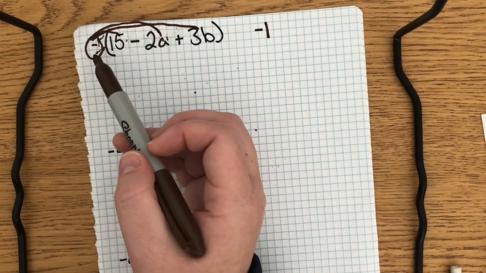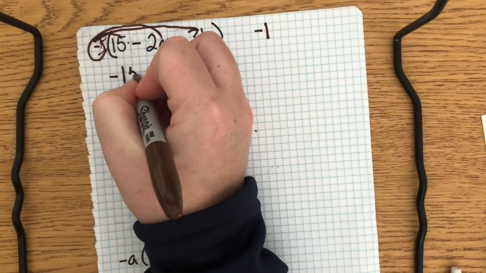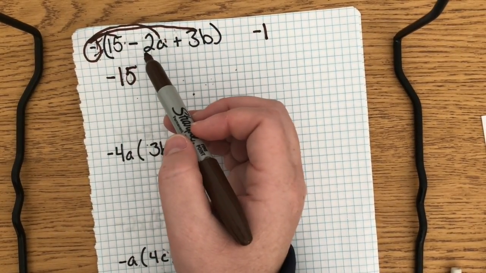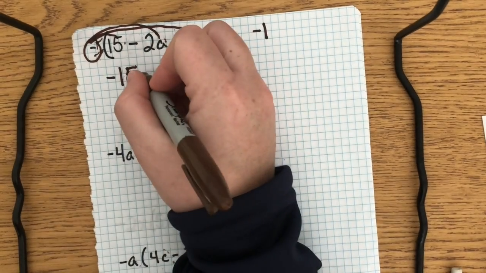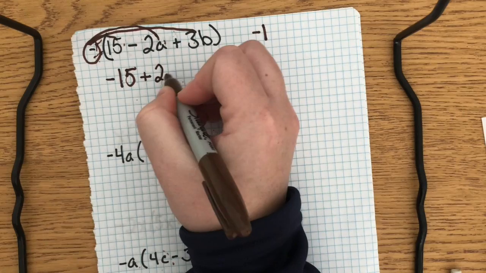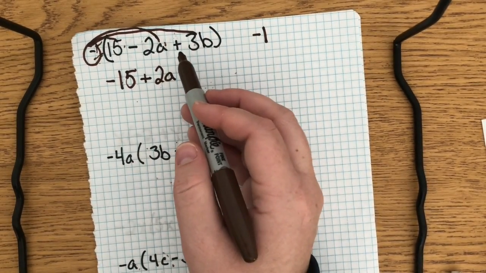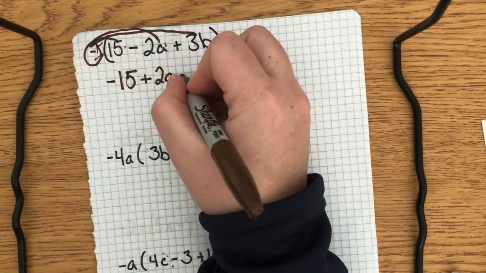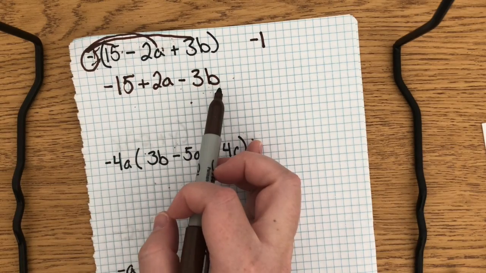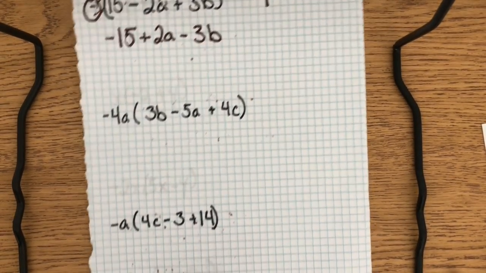So it's like -1 times 15. That's going to give me now -15. -1 times -2a. That negative turns that into a positive, and it is 2a. -1 times 3b, -3b. And now we look at if there are like terms. There are not, so we stop at that equation.